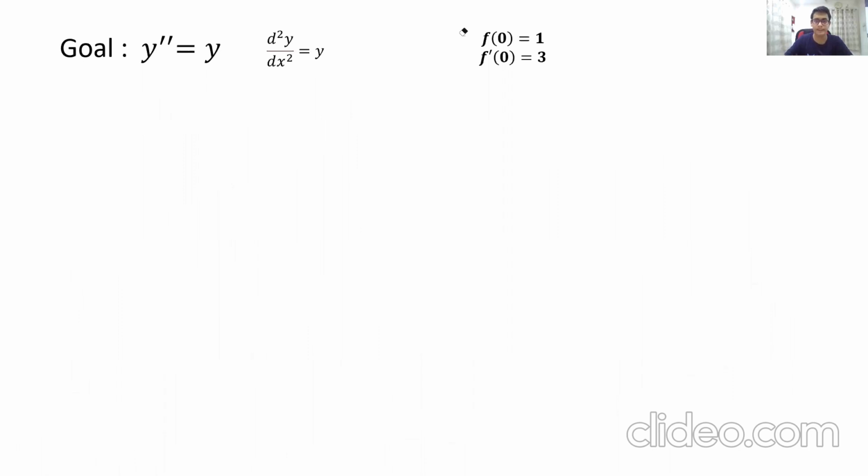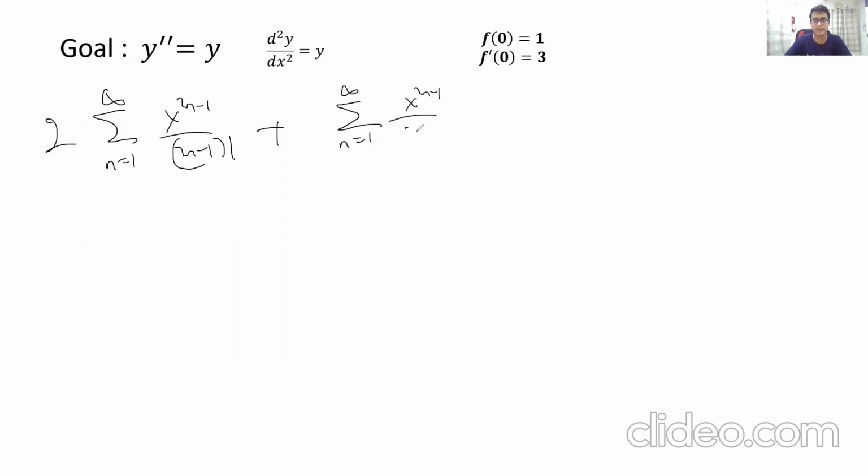Okay, so what we had till now was that our function y is actually 2 times this sum as m goes from 0 to infinity of, again 2 times the sum from 1 to infinity of x to the 2n minus 1 by 2n minus 1 factorial, plus the sum as n goes from 1 to infinity of, plus fine, we had this sum.